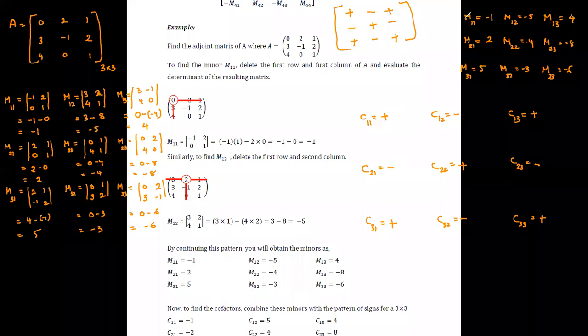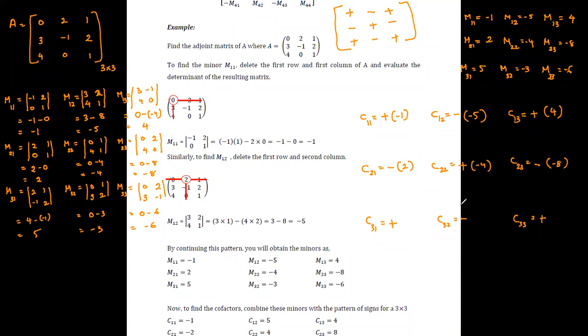The minor for the element in the first row, first column was obtained as minus 1. Here we are writing the minor that we have obtained. Then it has to be multiplied with the sign given in the sign pattern. Then the next value is minus 5, plus 4, plus 2, minus 4, minus 8, plus 5, minus 3, minus 6.